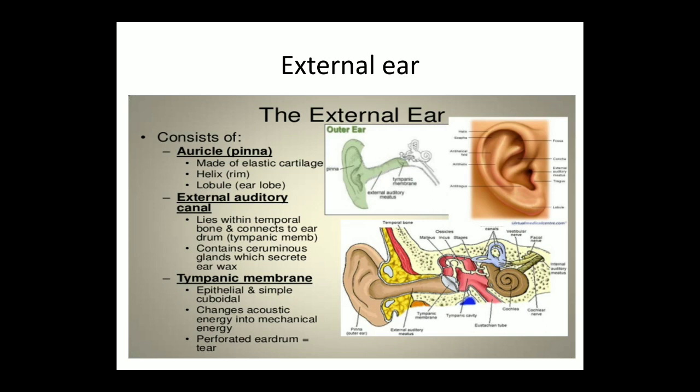Then it is carried inward, backward and upward, and finally it passes inward, forward and downwards. So this shape makes it necessary to pull the pinna upward and backward while examining the ear in adults. In children, the canal is shorter, straighter and without hairs. Thus, the eardrum often can be directly examined without any ear speculum.